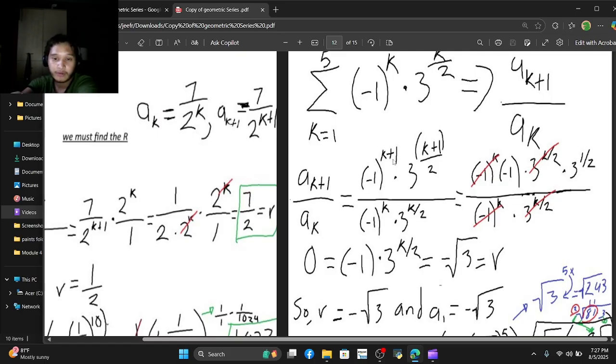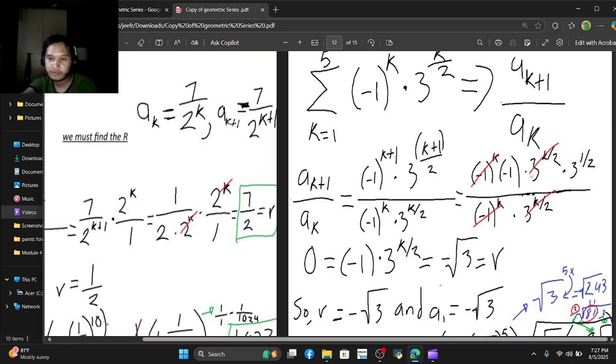Negative 1 to the power of 1. As explained before, we're breaking down the exponents into multiplication, but it's really the same thing. So negative 1 to the k, this negative 1 came because it's been multiplied by negative 1 to the power of 1.